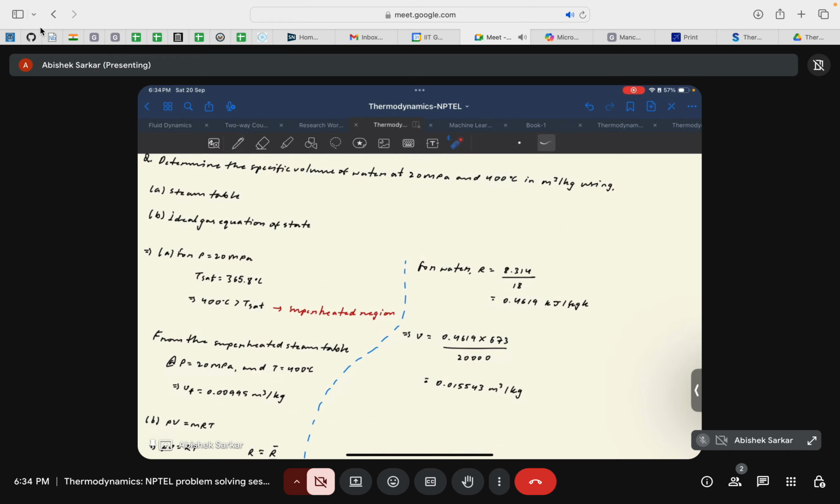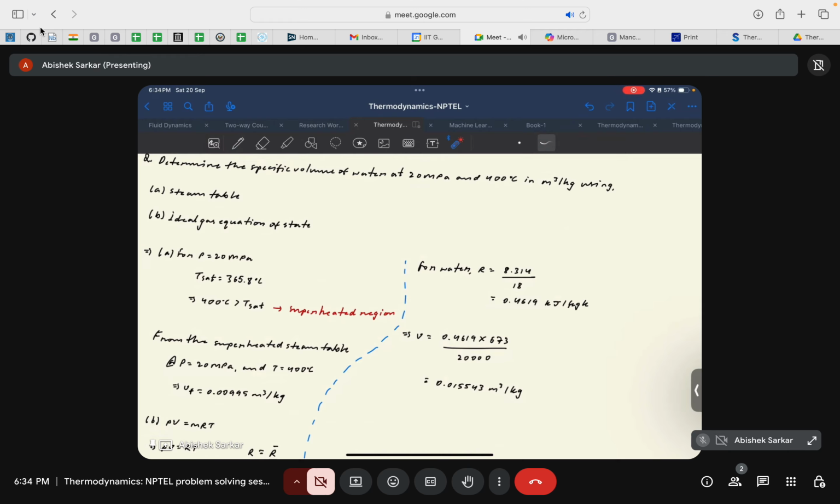That makes us feel comfortable in the sense that the results from the ideal gas equation would be a bit more correct. If it had been in the liquid-vapor dome, then using the ideal gas equation to characterize steam would be completely useless.